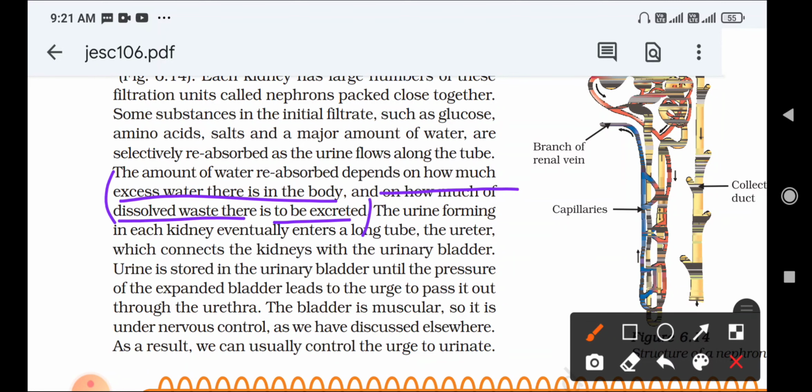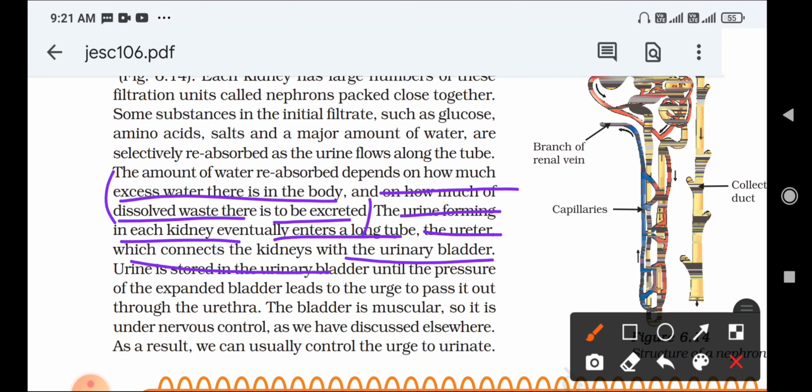Okay, remember that. Urine forming in each kidney eventually enters a long tube. After the formation of urine in the kidney, it will enter a long tube, the ureter, which connects the kidney with the urinary bladder.